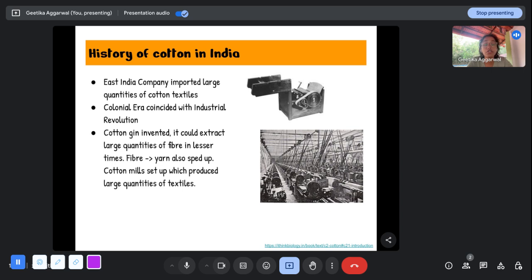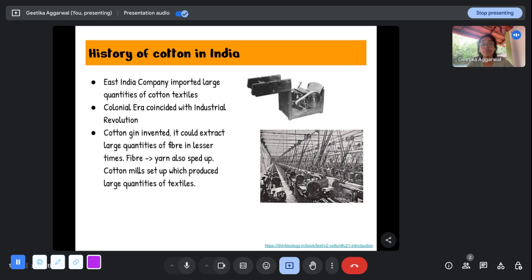It was an automatic machine which ran on fuel, and it could extract large quantities of fiber in very little time. Obviously, a machine can do the work better than a human. It extracted a large amount of fiber from the seeds, and this fiber was then made into yarn, and that production was also sped up.